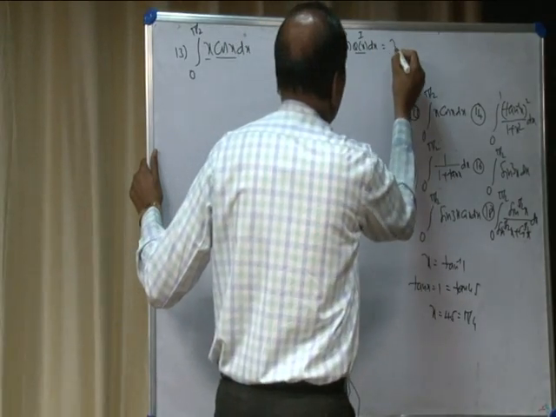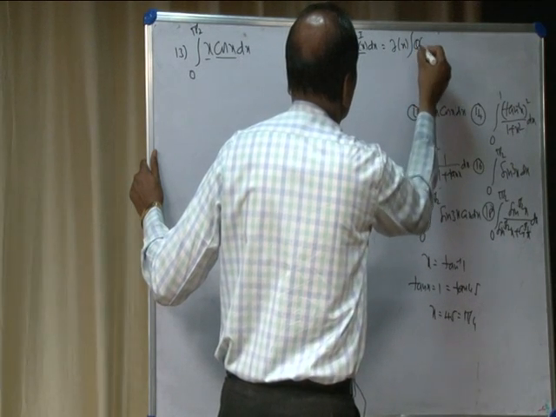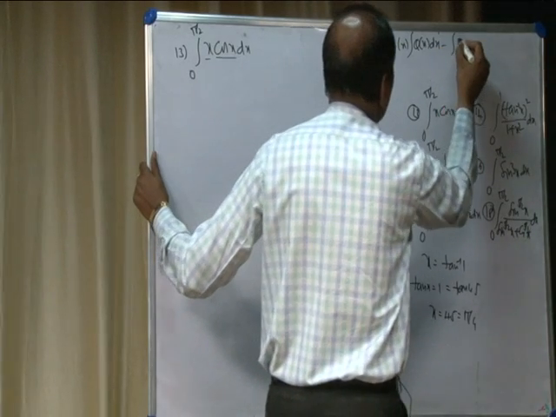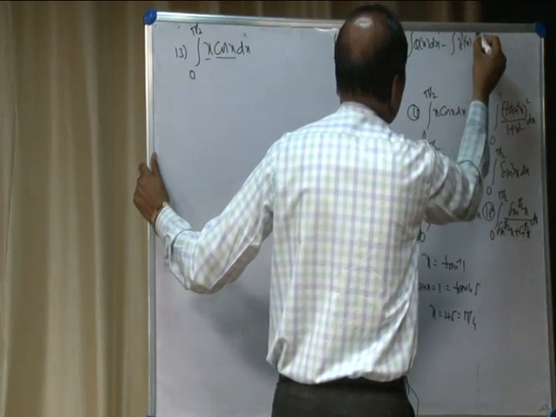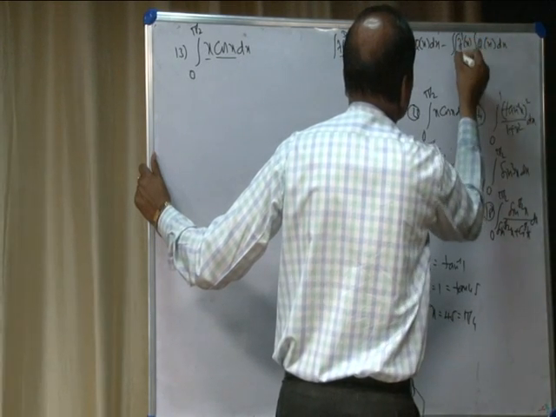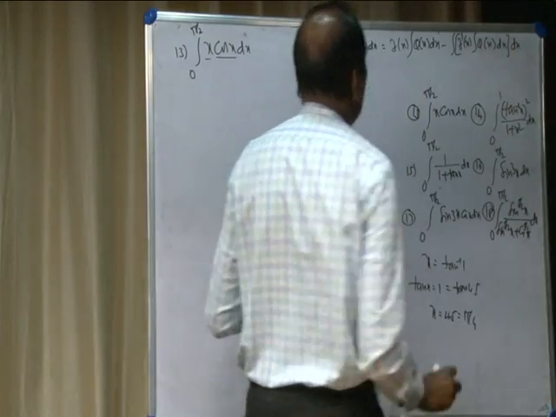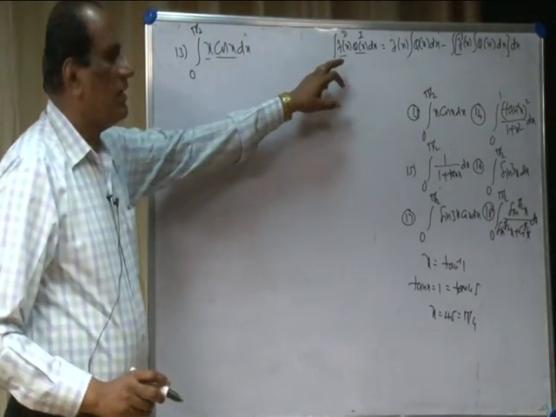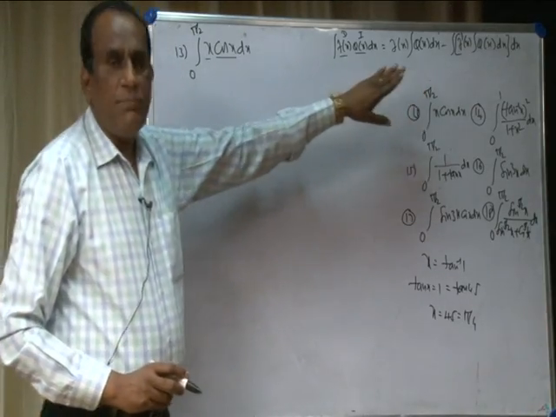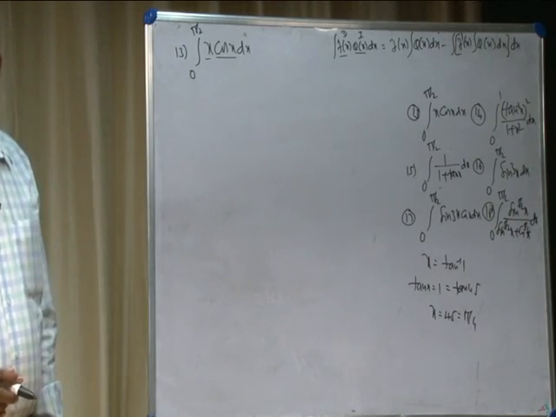Now, f of x into integral of q of x dx minus integral of f dash x into integral of q x dx, whole dx. So, this is the formula, that is the product rule in integration. Apply this formula to integrate the product of two functions in the integrand.